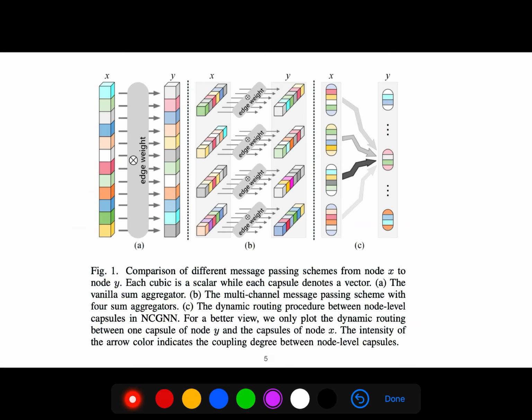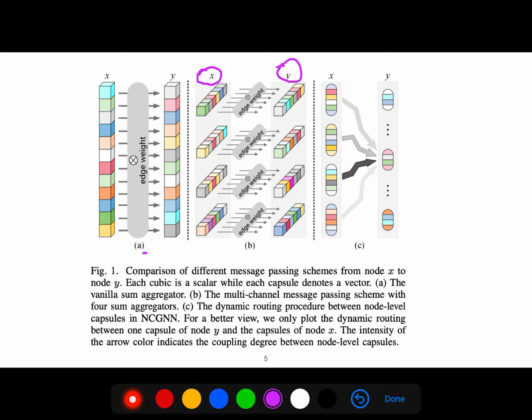You see the comparison of different message passing schemes from node X to node Y. Each cube is a scalar, while each capsule is a vector.